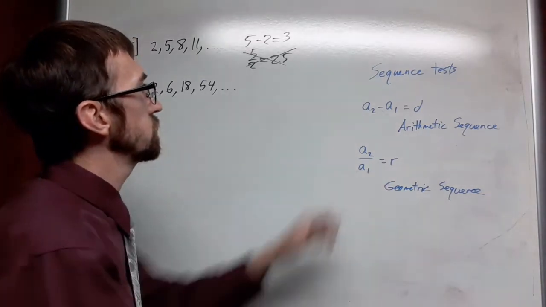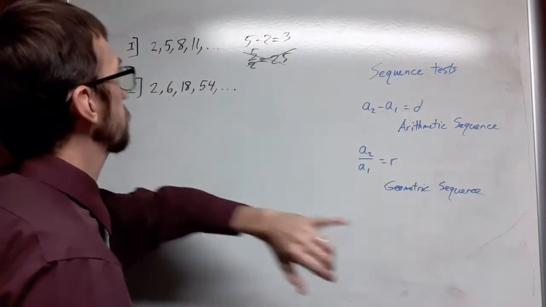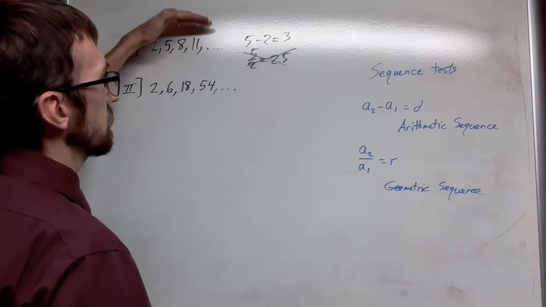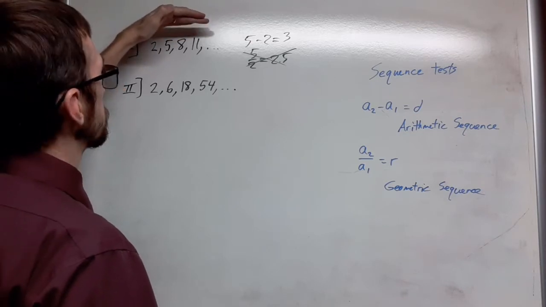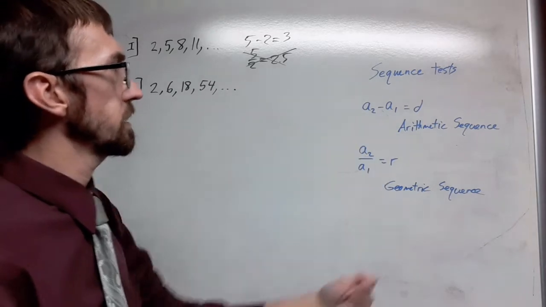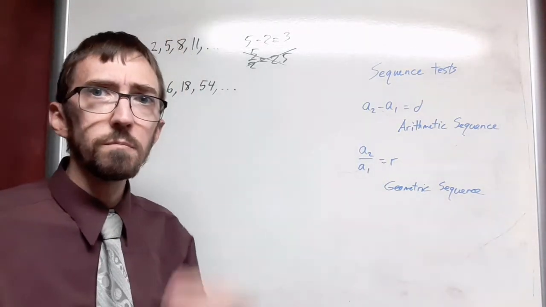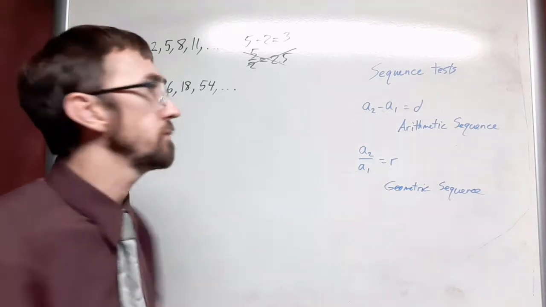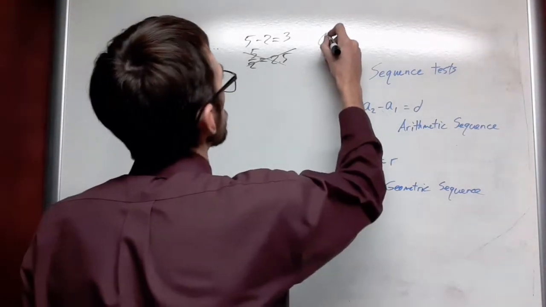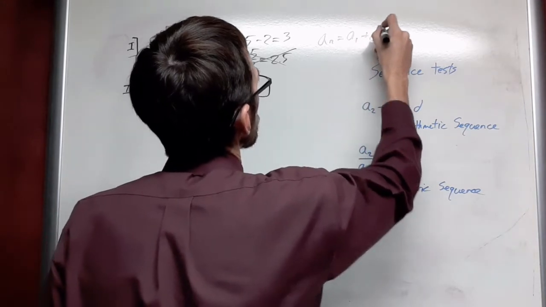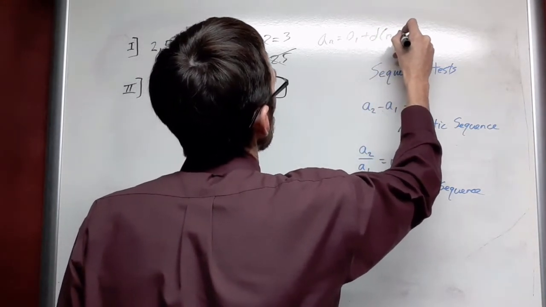So we're going to use the general form for the arithmetic sequence to write this as a sequence in a kind of a recursive type form, and then we are going to switch that to a function. So a sub n is going to be equal to a sub 1 plus d times n minus 1.